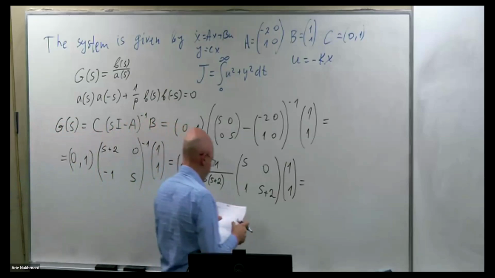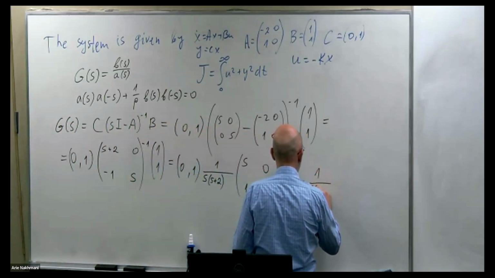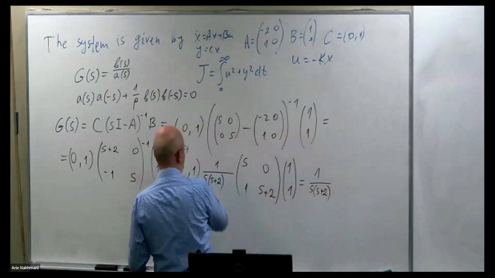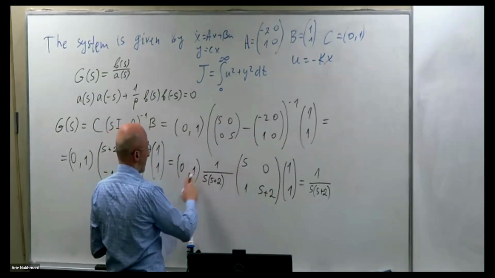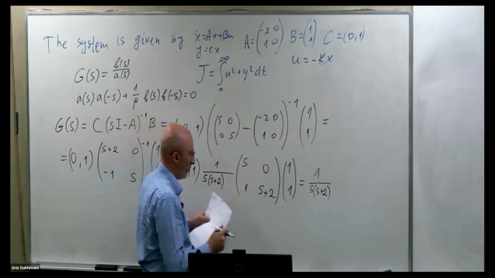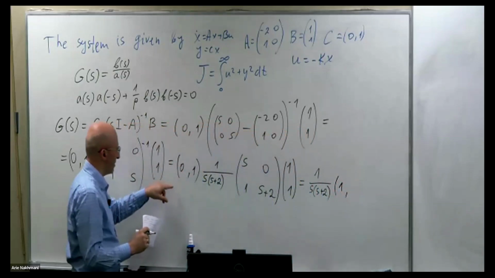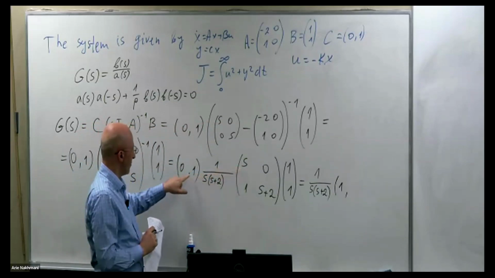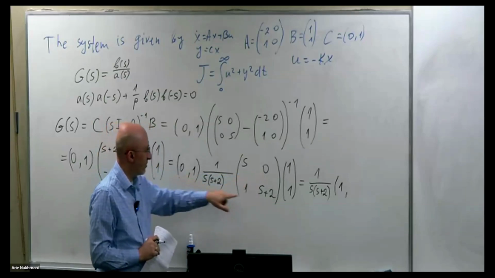All right, so let's multiply. First of all, it's 1 divided by s plus 2 times. So we are multiplying from the left first. So we're taking this one times this one. So 0 times s plus 1 times 1. It will be 1. Right? I'm multiplying C by the inverse matrix. So it's 0 by s plus 1 by 1. So it's 1. 0 by 0 plus 1 times s plus 2.